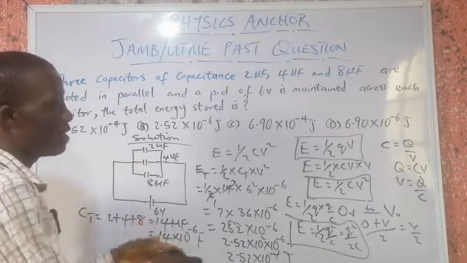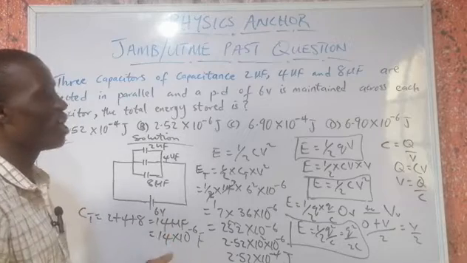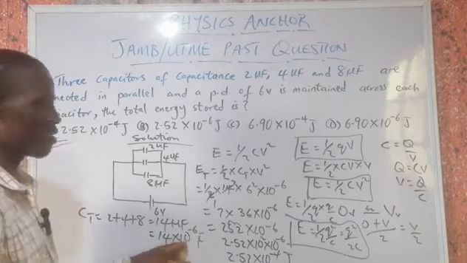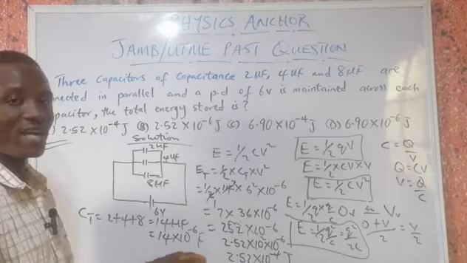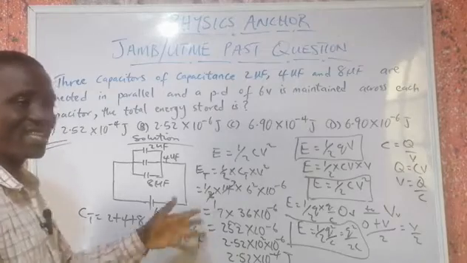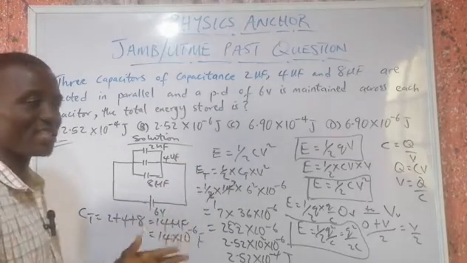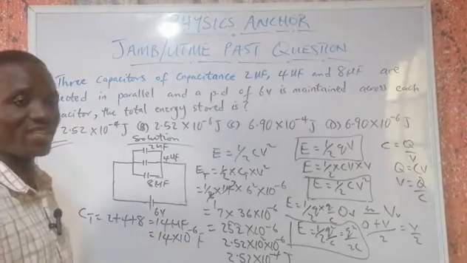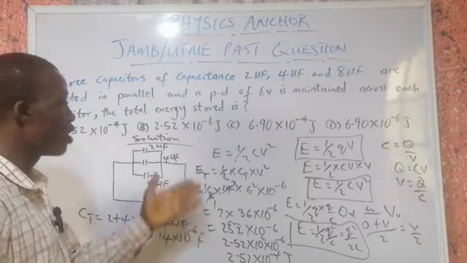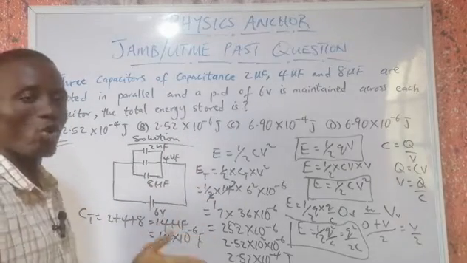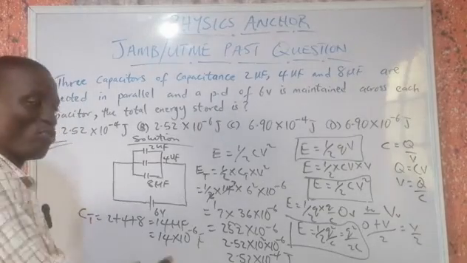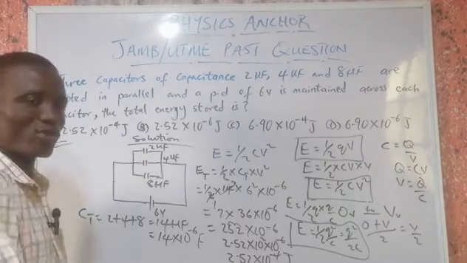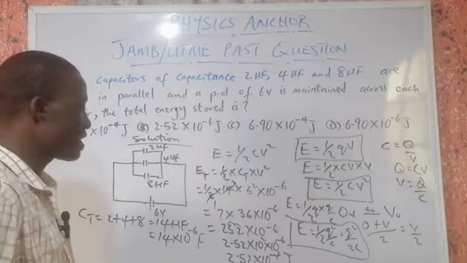Looking up, there are some questions where they will not even convert this micro farad to farad. You will still see it reflecting, especially when you're working with charge. If it's a question on charge, they can leave the options as micro coulomb. Which means you may not have to convert, because you have to be fast, as you are writing JAMB.